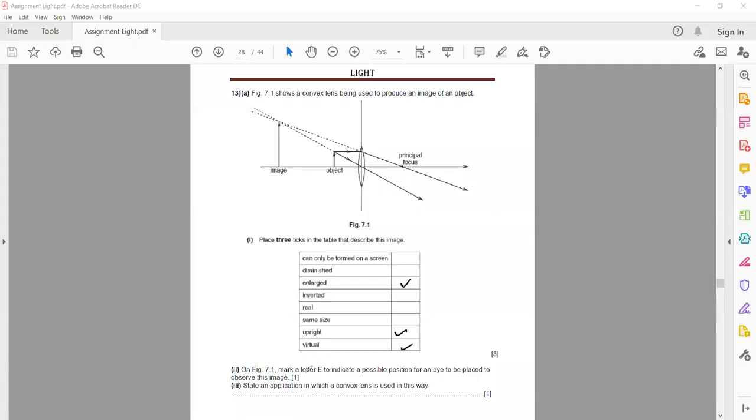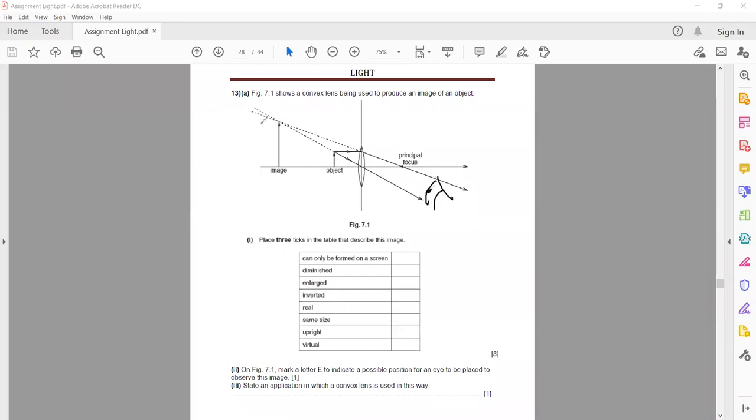On a figure, mark a letter E to indicate the eye. Where should we place the eye? On the left hand side or on the right hand side? It should be here on the right hand side, because that's how, when you're looking from here, your brain recreates the position.